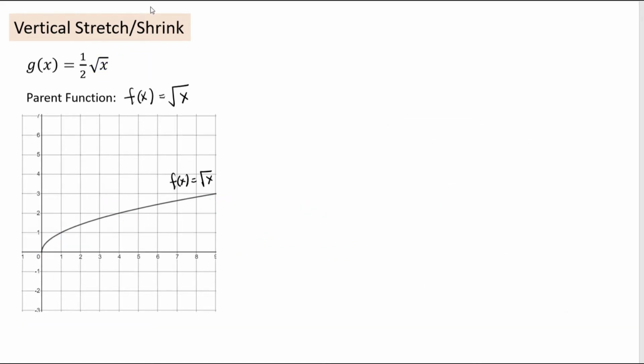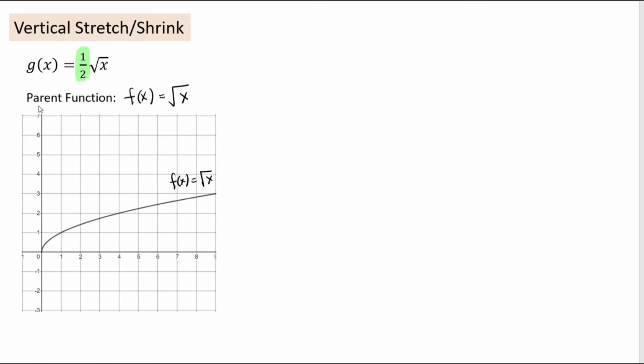Now, let's look at the function g of x is equal to 1/2 times square root of x. The parent function is the same. Here, square root of x is multiplied by 1/2.